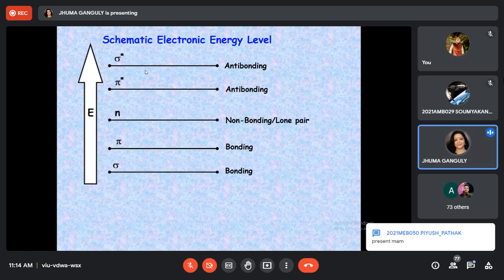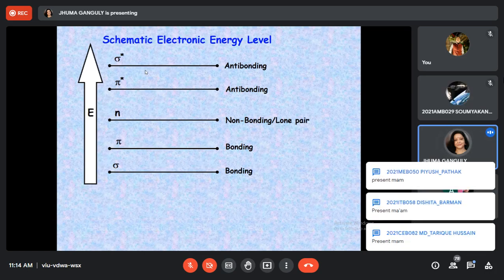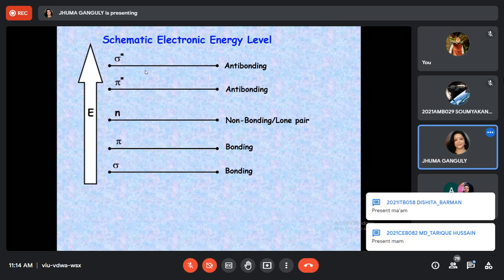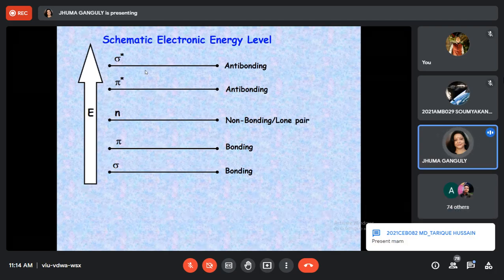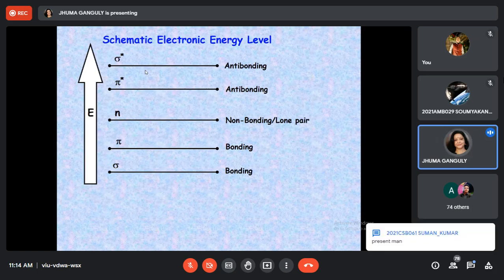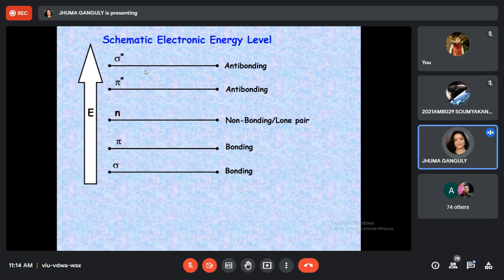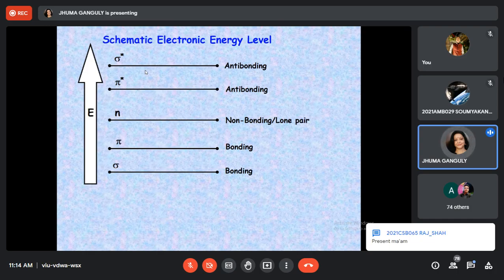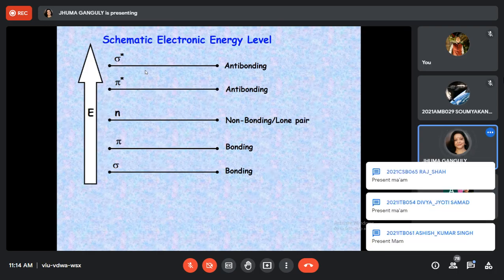Obviously, this energy is 180 degrees, if you think, or 50%. Statistically, you can say bonding is 50% and for two electrons, if repulsion, 50% chance for non-bonding. Not non-bonding, they are not in the bonding position. That is actually mentioned as the excited bonding level or antibonding level.